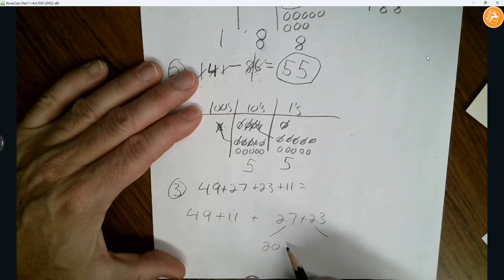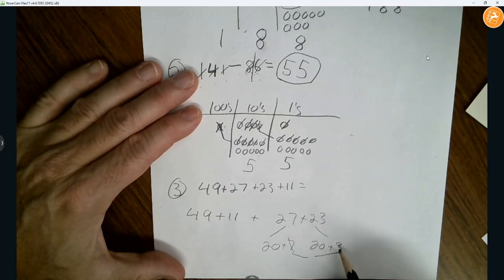So I'm going to go 20 here plus 7, and then I'm going to have 20 here plus 3. I want to put those together. So now I get rid of that, get rid of that. That gives me a 10. So now I have 20 plus 10 plus 20.